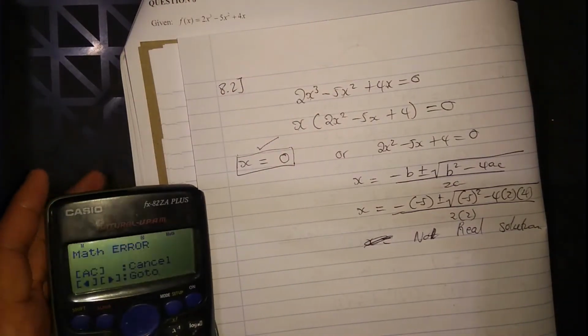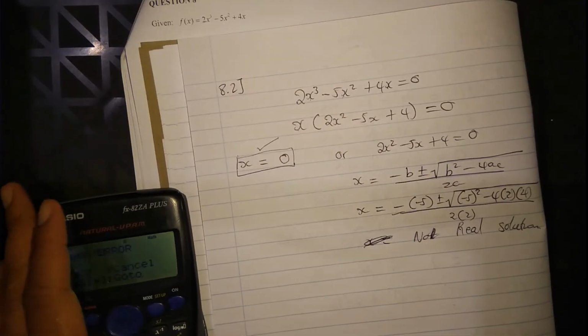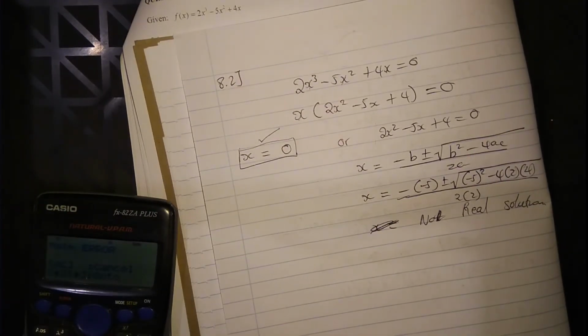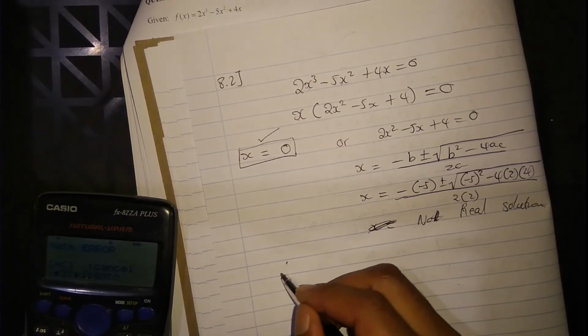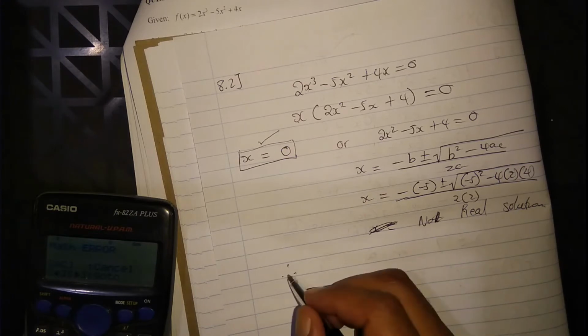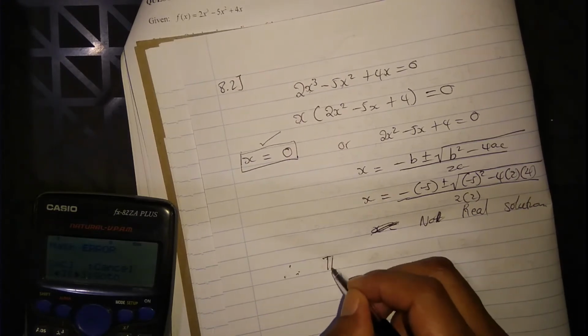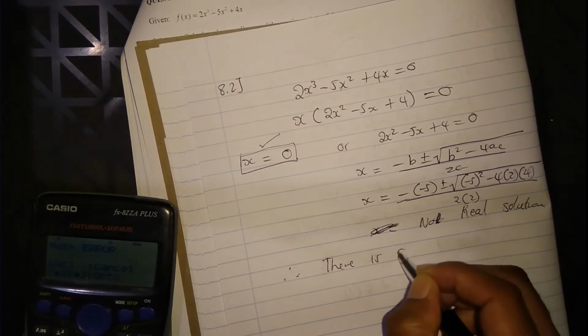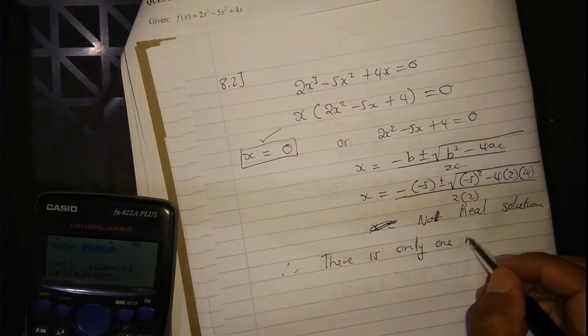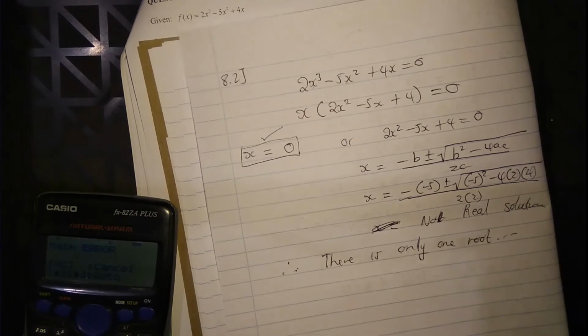So it means this equation has no real solutions. Therefore there is only one root.